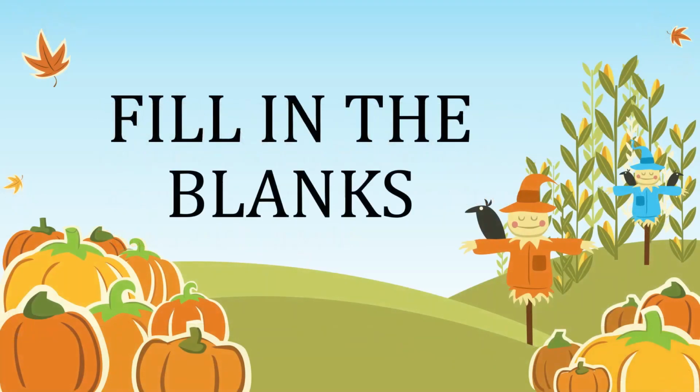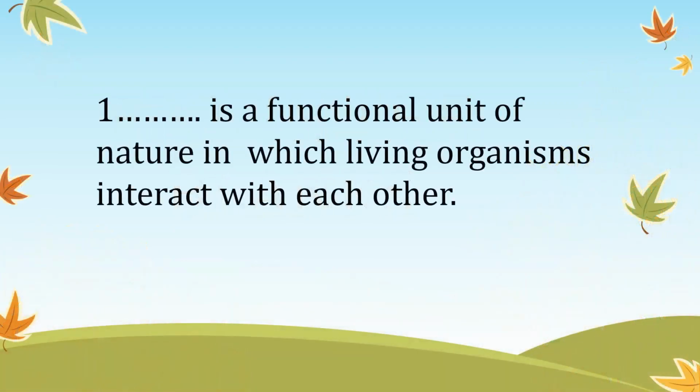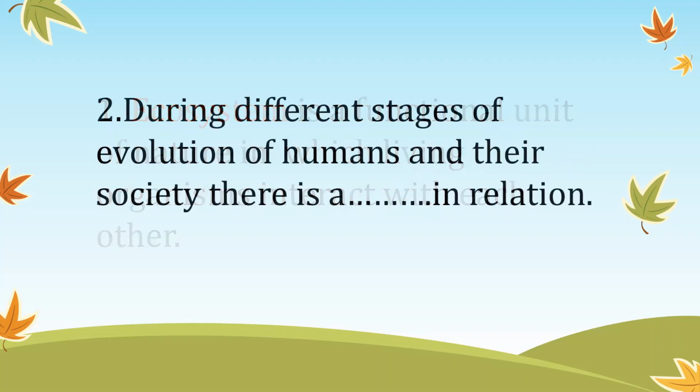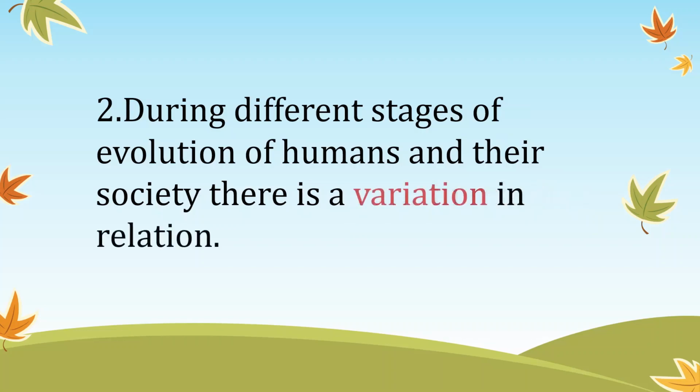Now worksheet. Fill in the blanks. First, dash is a functional unit of nature in which living organisms interact with each other. Answer, ecosystem. Second, during different stages of evolution of humans and their society, there is a dash in relation. There is a variation in relation.